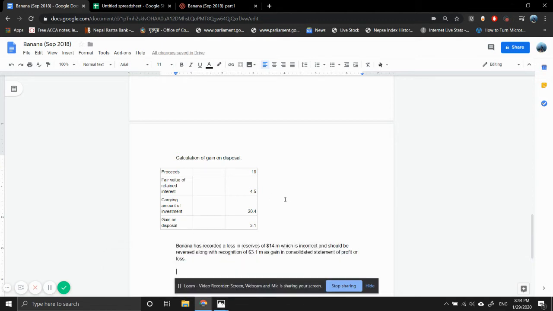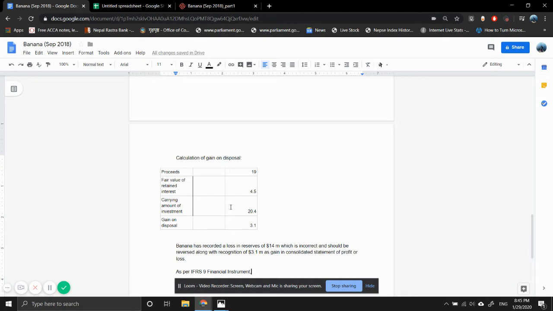So what do we need to talk about? The remaining 10%, as per IFRS 9, is a financial instrument, a financial asset, I guess. Did the question ask about that? It asks how the investment in Strawberry should be accounted for.